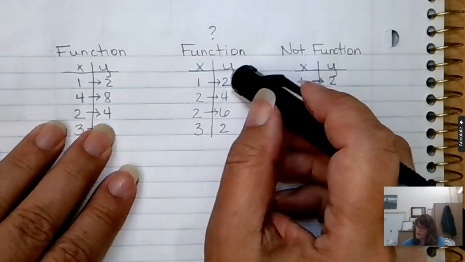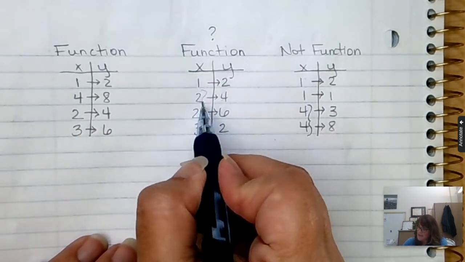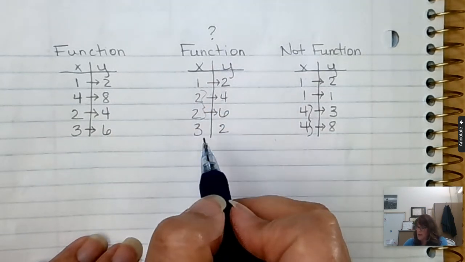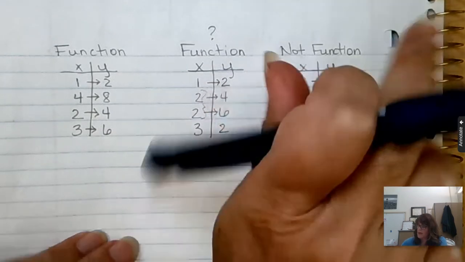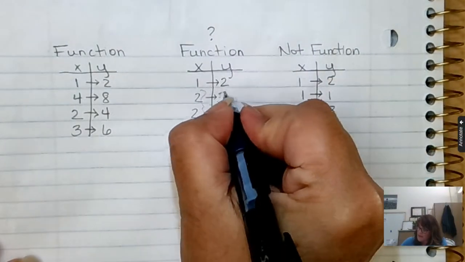That can't be a function because the same thing can't have 2 different outputs. So I'm going to fix this one for our purposes.